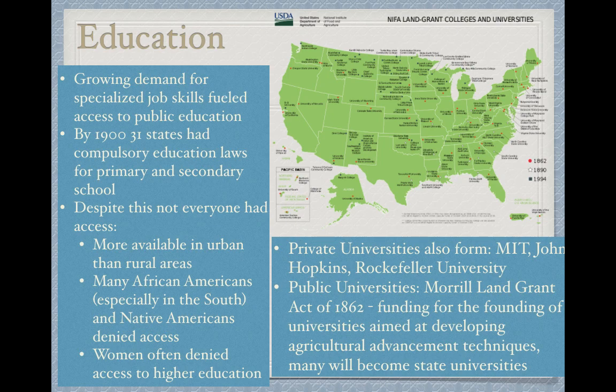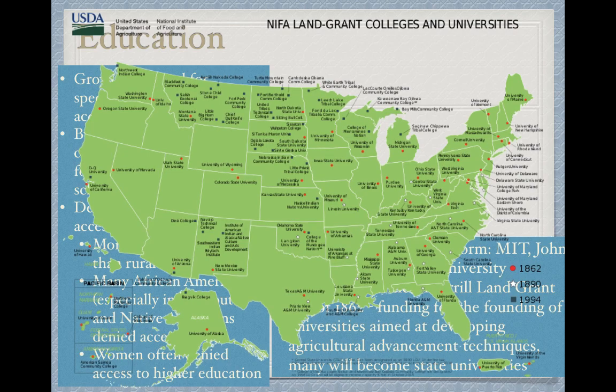We also see the rise of private universities, MIT, Johns Hopkins, Rockefeller, and public universities like the Morrill Land Grant Act of 1862, which provides funding for the founding of universities that are aimed at developing agricultural advancement techniques. These are places that will become state universities. And I think you can maybe see which of these are land grant funded universities.